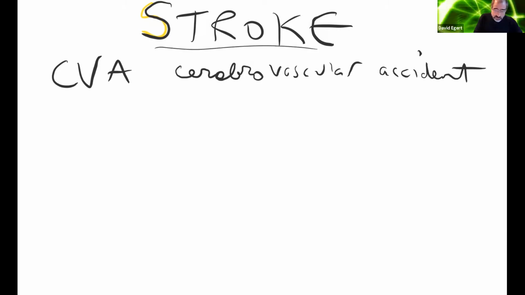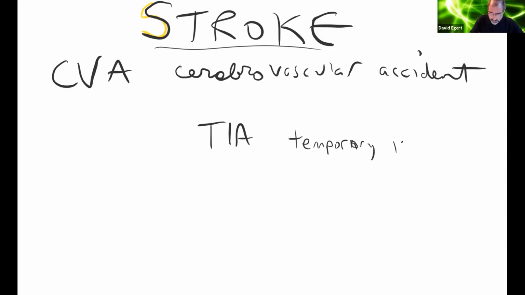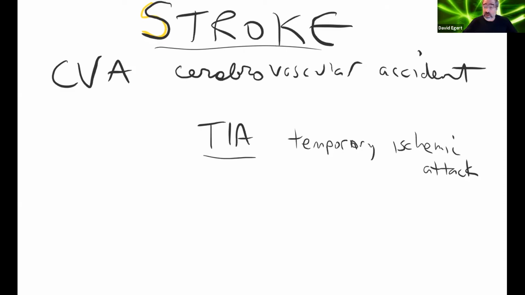It can be temporary. You can get TIAs. This is a transient ischemic attack. This means the blood flow is being blocked and you're going to start having symptoms.